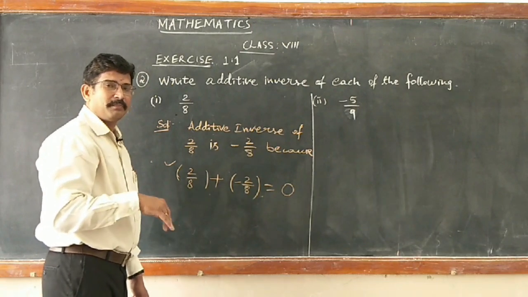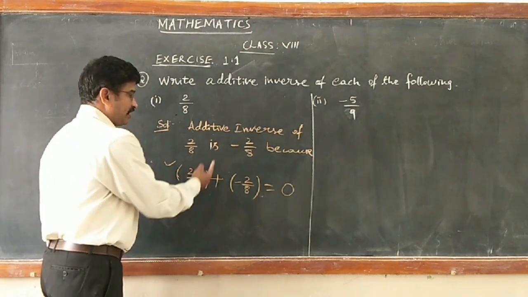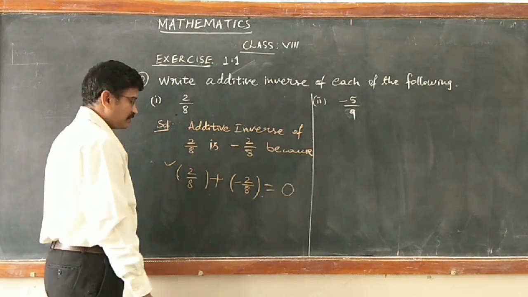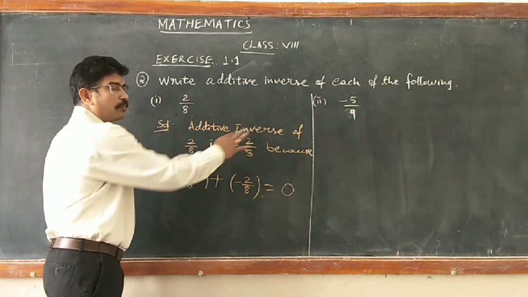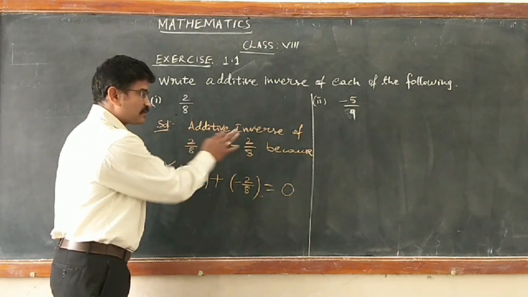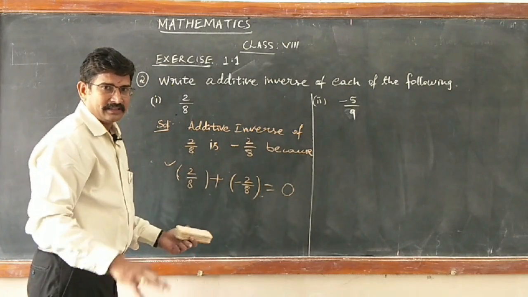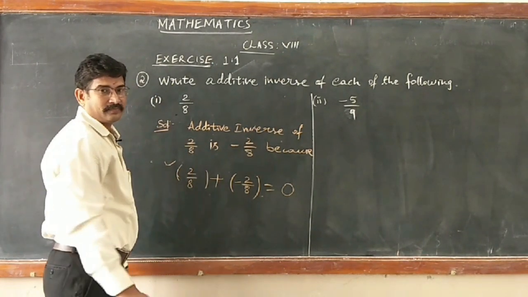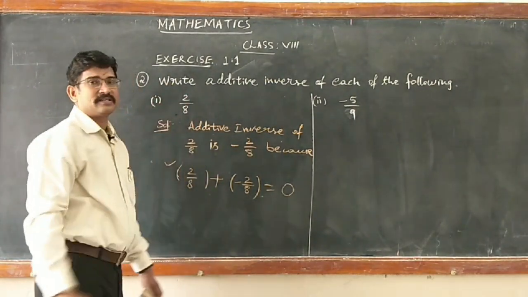Most of the times children make an error. Instead of saying "is", they will just write 2 by 8 equal to minus 2 by 8. Never do that. 2 by 8 is not equal to minus 2 by 8. You have to write additive inverse of 2 by 8 equal to minus 2 by 8.